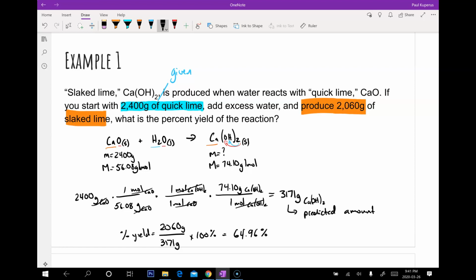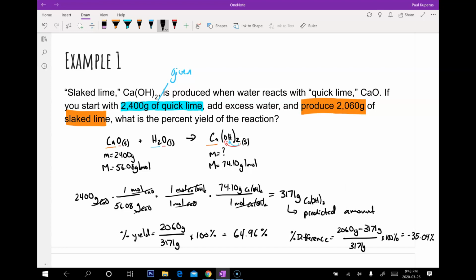If we wanted to determine the percent difference, we would say percent difference is equal to actual minus predicted, which is 2,060 grams minus 3,171 grams divided by 3,171 grams times 100%, and that would be equal to negative 35.04%.